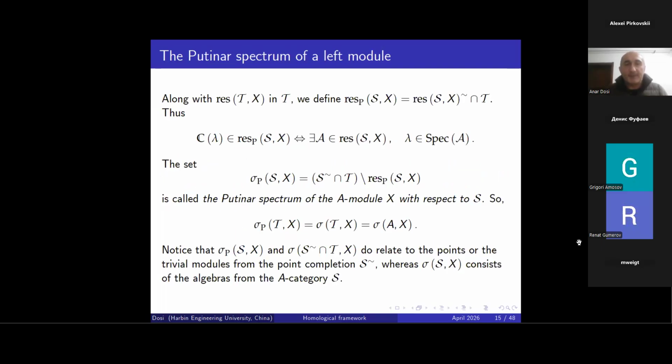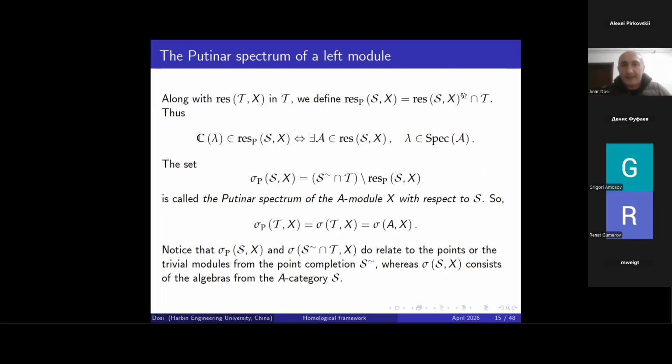Okay. Well, we need one more so-called Putinar spectrum. So look what I'm doing now. Along with this set, which is just trivial modules, I can introduce something like that.